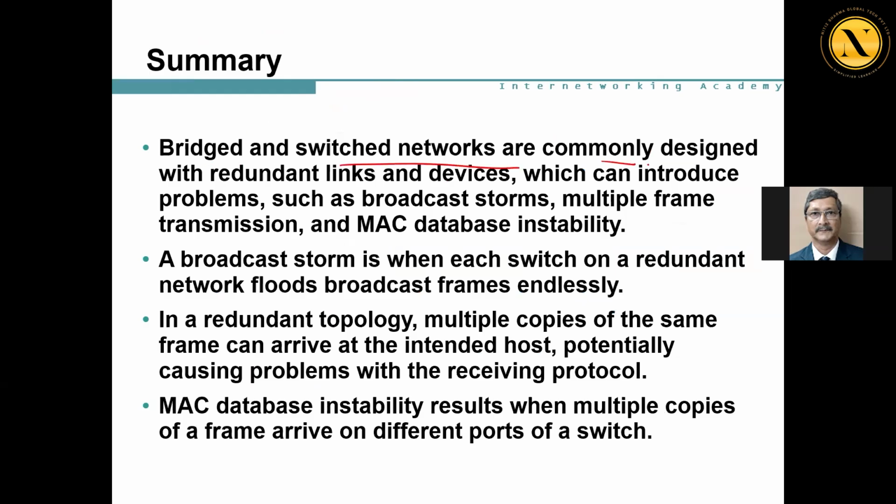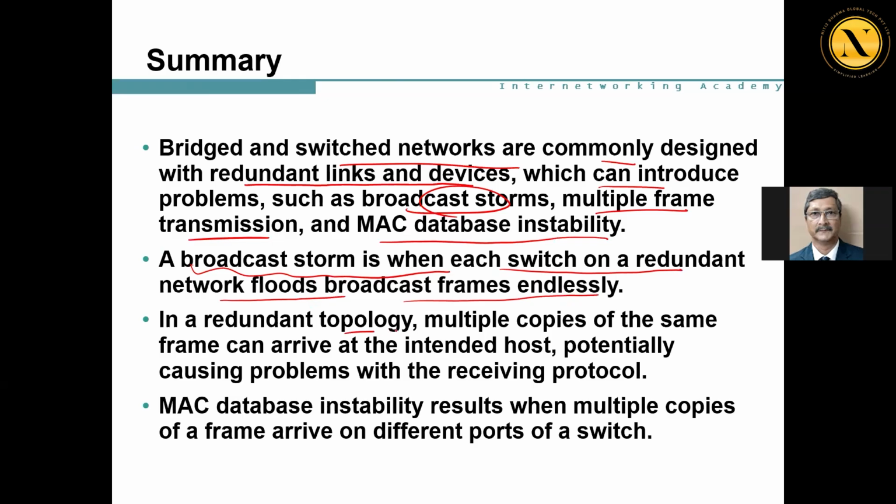Bridge and switch networks are commonly designed with redundant links and devices, which can introduce problems such as broadcast storms, multiple frame transmissions, and MAC database instability. A broadcast storm is when each switch on a redundant network floods broadcast frames endlessly, right?